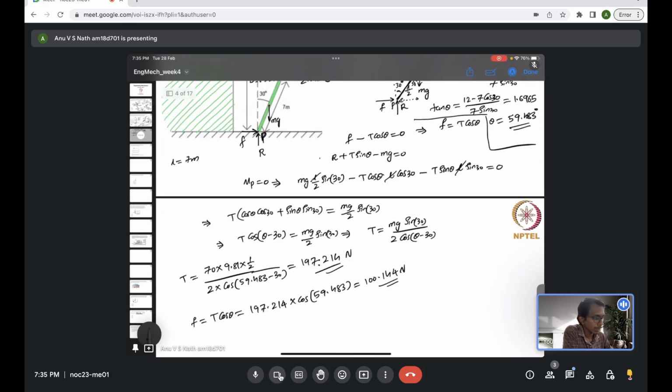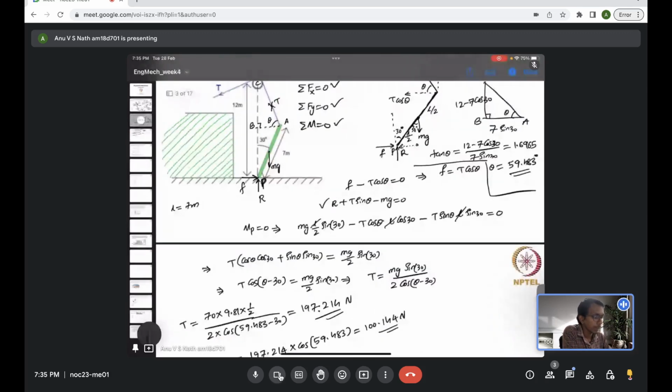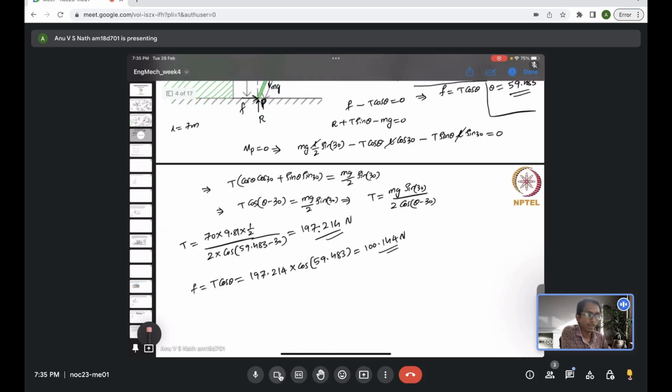Now we use the vertical force balance equation, that is R plus T sine theta minus mg equal to 0. From that, now the remaining unknown is the reaction force R. So R is equal to mg minus T sine theta. So 70 into 9.81 minus T, which is 197.214 times sine of 59.483.